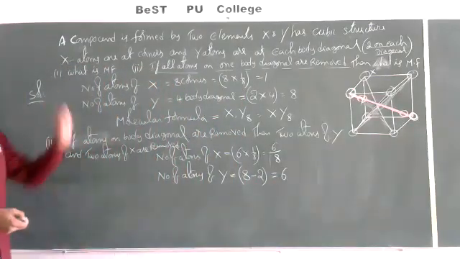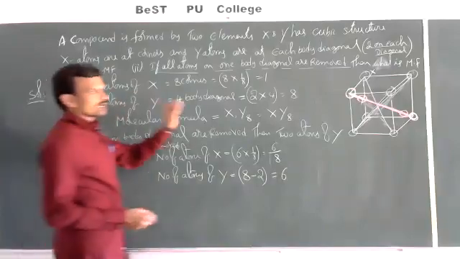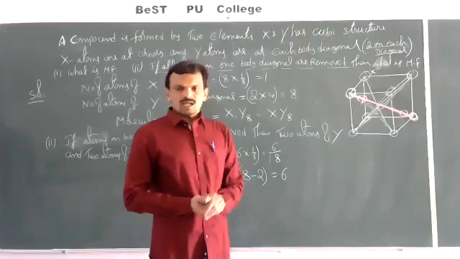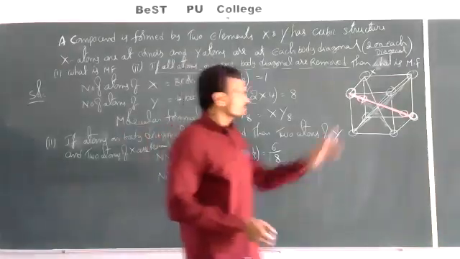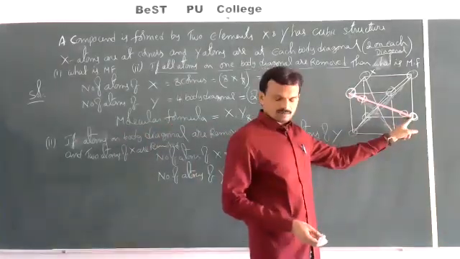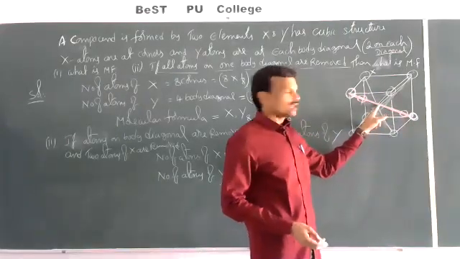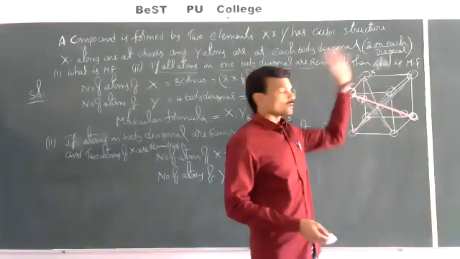See once again. If you have removed all the particles on one body diagonal, a body diagonal contains 2 corner particles, 2 tetrahedral voids and 1 octahedral void, but actually here there is no such particle mentioned in the question.